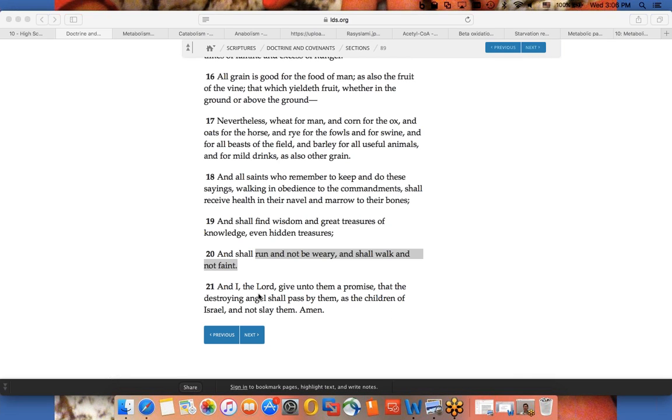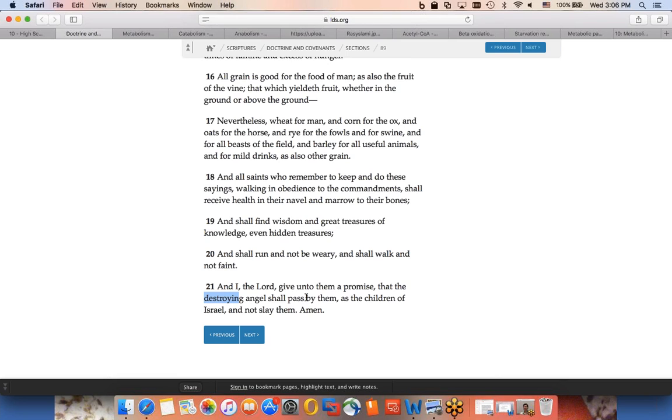Then in 21 I found it interesting when it says, and I the Lord give unto them a promise that the destroying angels shall pass by them as the children of Israel and not slay them. And I was kind of wondering what that meant. Then I realized that it means that in the last day, all those who rejected Christ and didn't follow his teachings, the destroying angel will come and slay them.